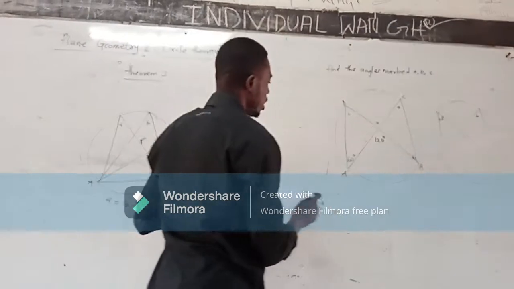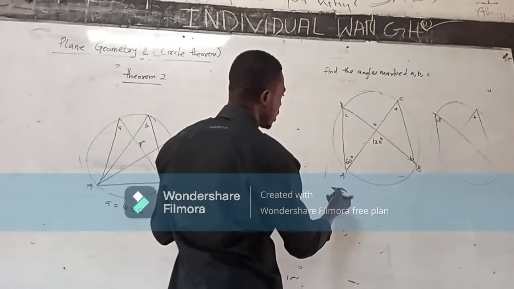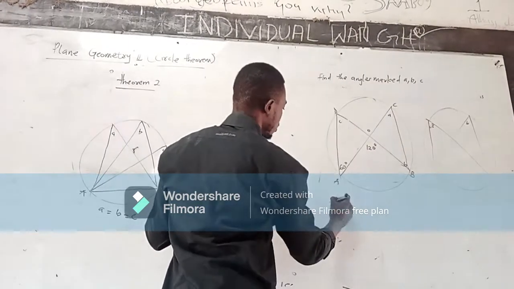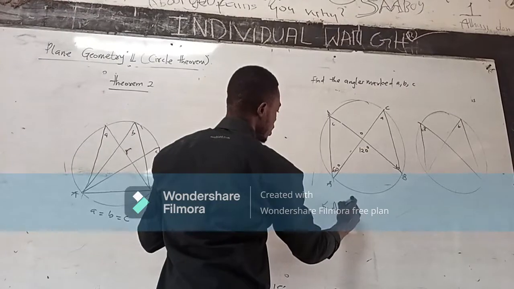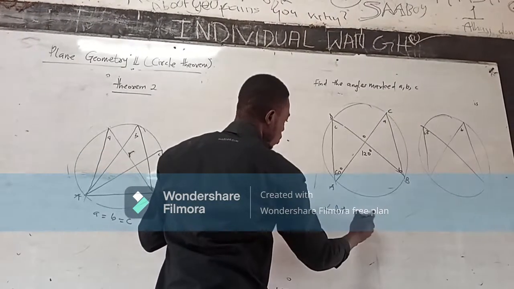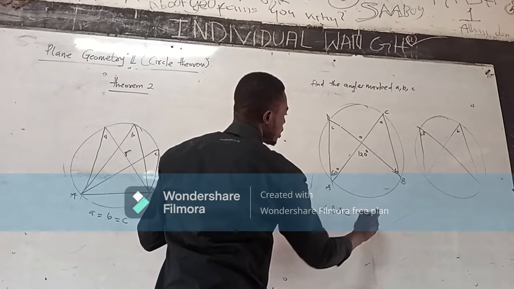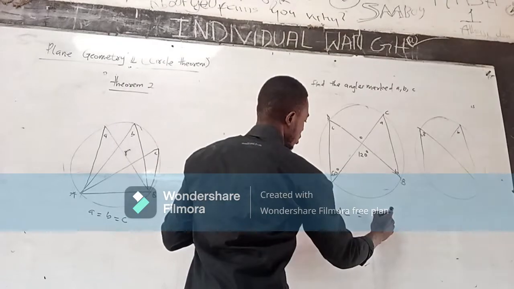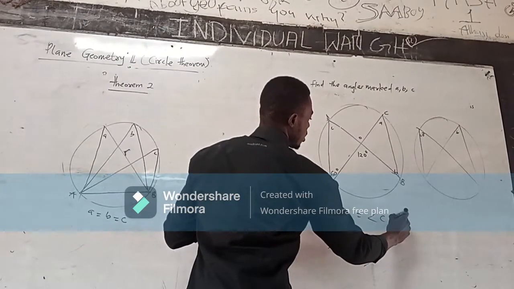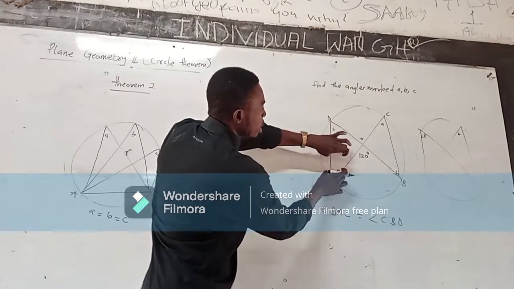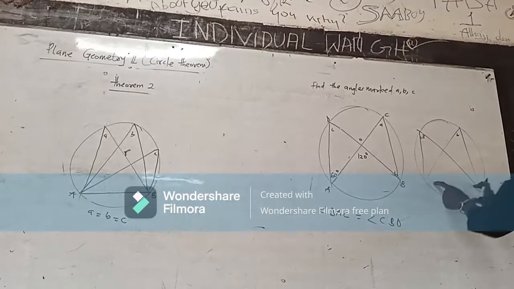If we name it like this, then we will say that the angle formed here, angle DAC, is equal to the angle CBD. This angle formed here is like this one we are drawing here.